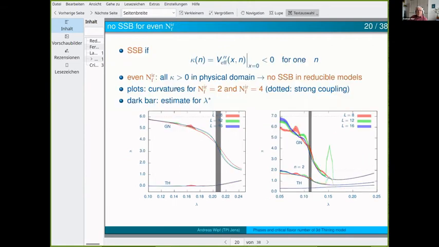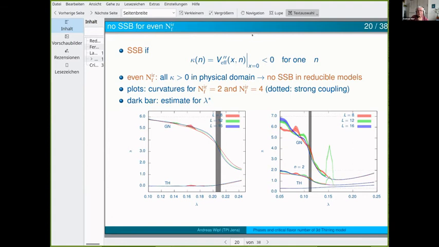Now what we did, we looked at the curvature of the effective potential calculated in this Monte Carlo simulation at the origin, x equals 0. x was the modulus of this auxiliary field.